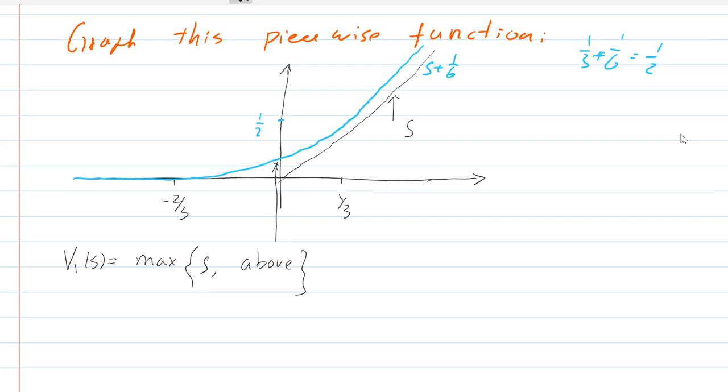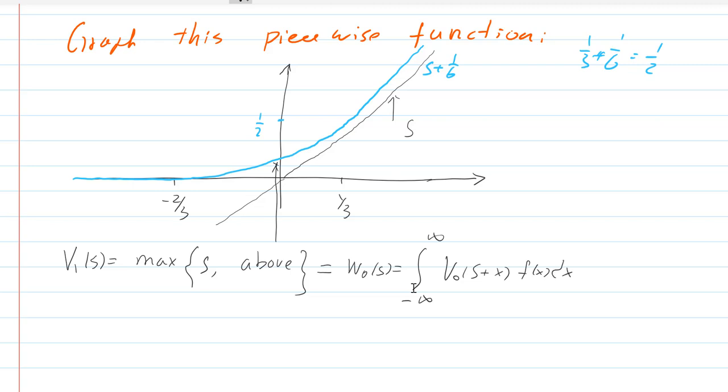And then you have this one over here. So if you look at which function is bigger, of course the function on top, the blue one, is bigger. So what we have over here is simply this function on the top. Let's call this function W0. W0 of s is equal to the integral from negative infinity to positive infinity of v0 of s plus x times f of x dx.